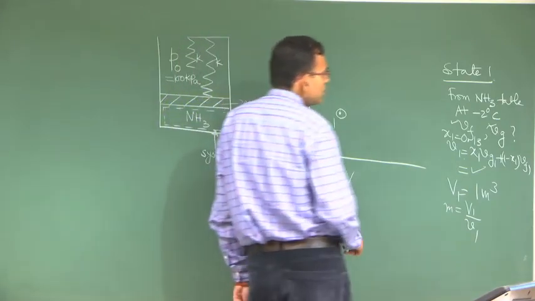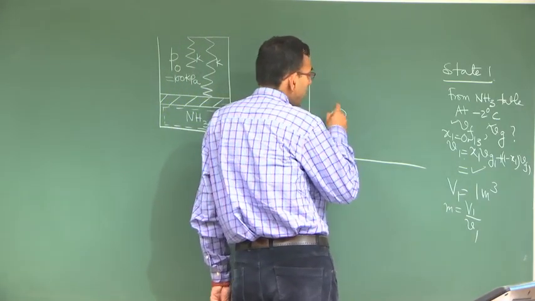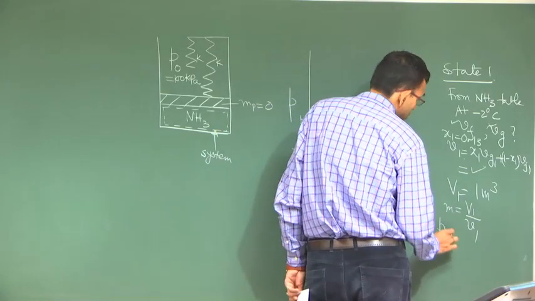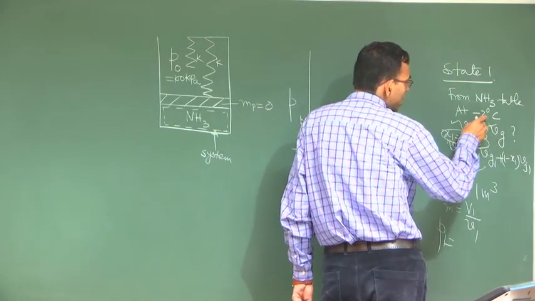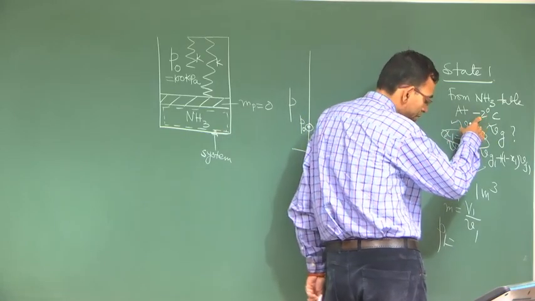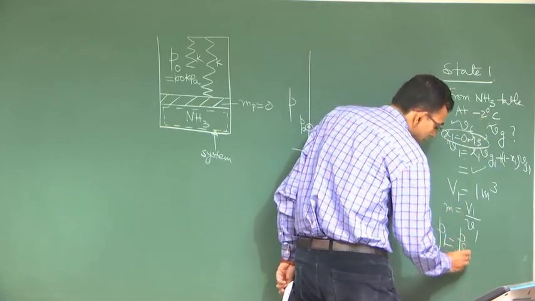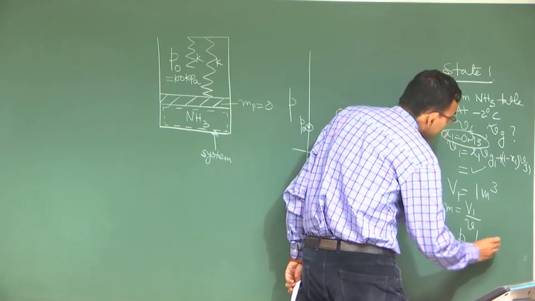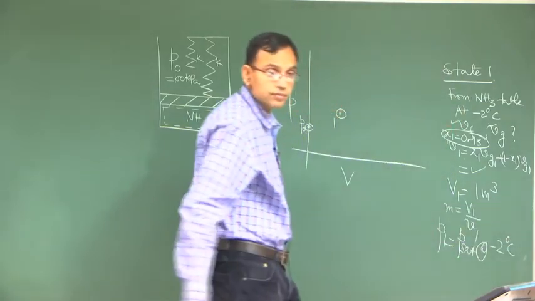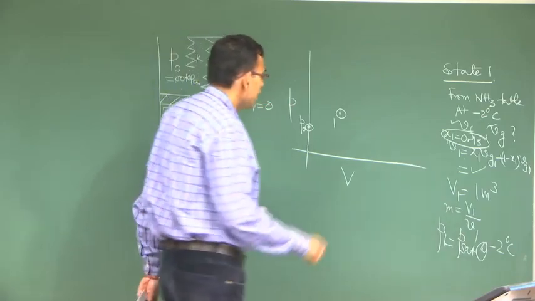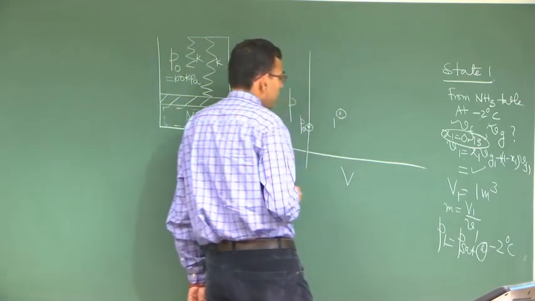At state 1, what is P1? Because it is in the two phase region, P1 is the saturation pressure Psat corresponding to minus 2 degree centigrade. So, at state point 1 we know P1 and V1.